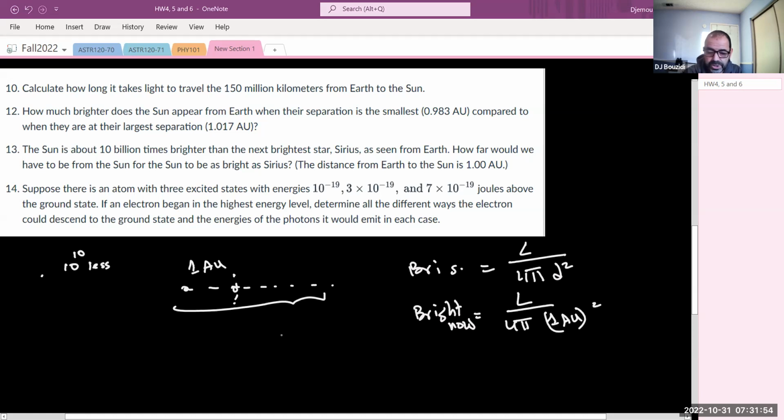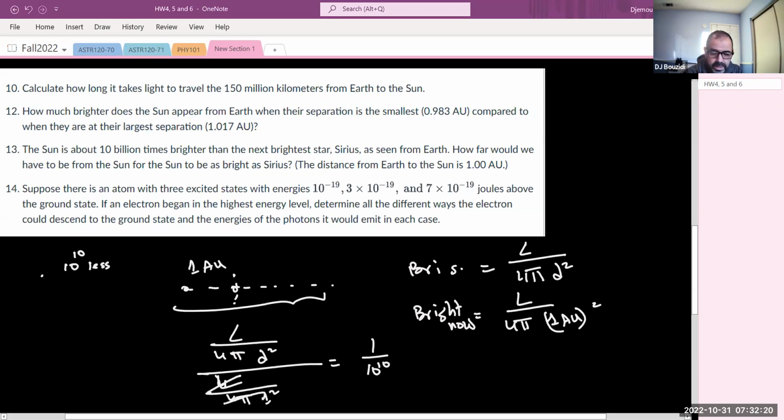So if I take this ratio and require it to be 10 to the power 10 times less than it is today, I have L over 4 pi times the distance squared, divided by the luminosity over 4 pi times 1 squared, and this is 1 over 10 to the power 10.